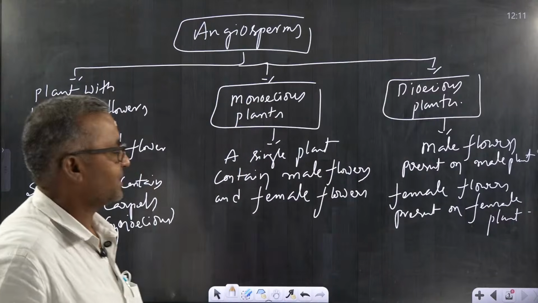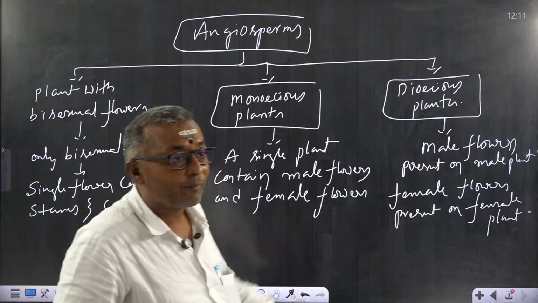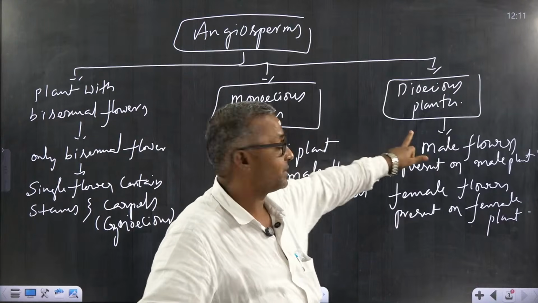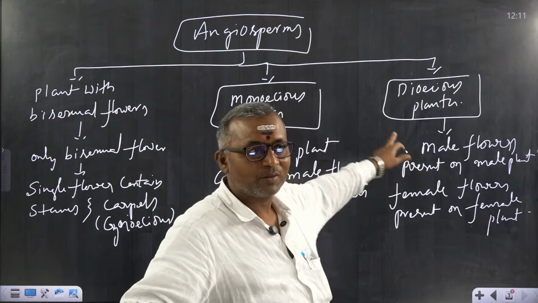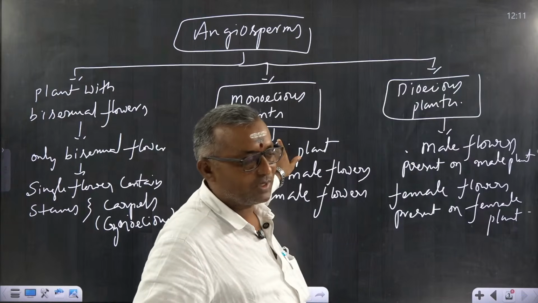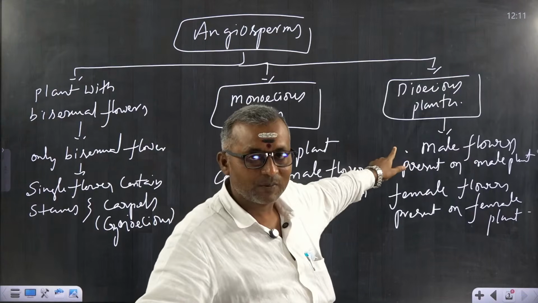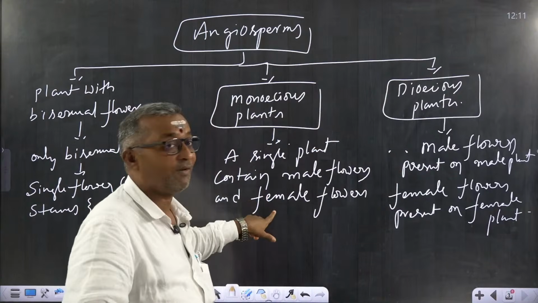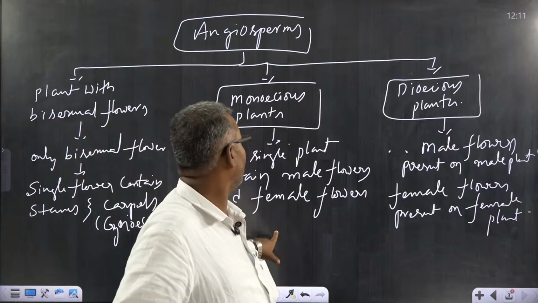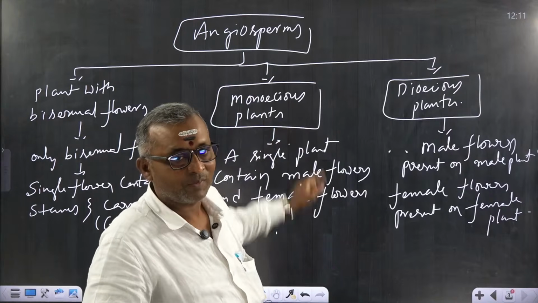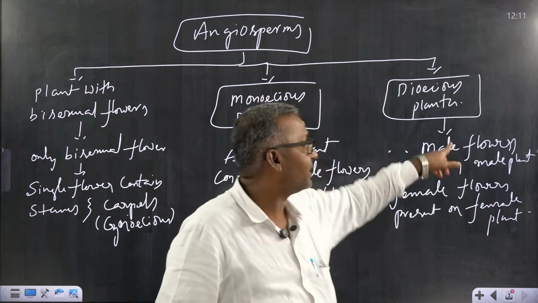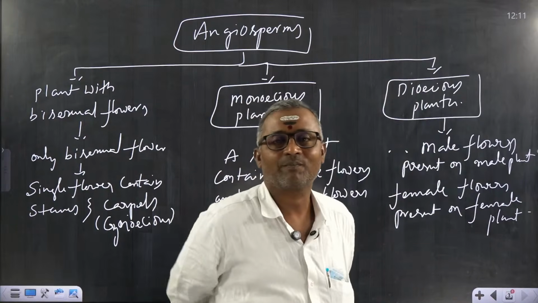So this is a unisexual flower, this is also a unisexual flower. Monoecious plants have unisexual flowers. Dioecious plants also have unisexual flowers. But if both unisexual flowers are present on the same plant, it is called monoecious. If they are present on different plants, it is called dioecious.